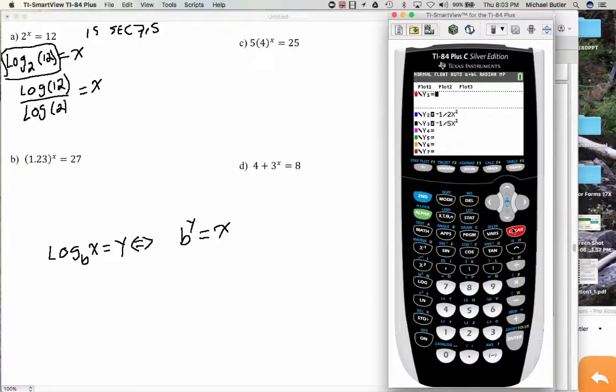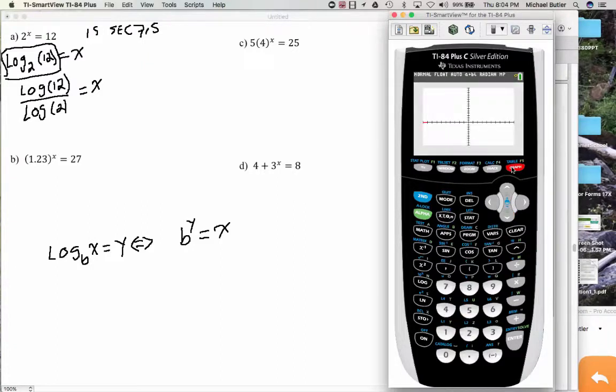All right, if we do it the way they said to do it in the book, by the graphical method, then 2 raised to the x goes in Y1, and in Y2 you put in 12. I'm going to have to adjust the window a bit. My y max has to be bigger than 12 because that's going to be a horizontal line, y equal to 12. So let's make that 15.